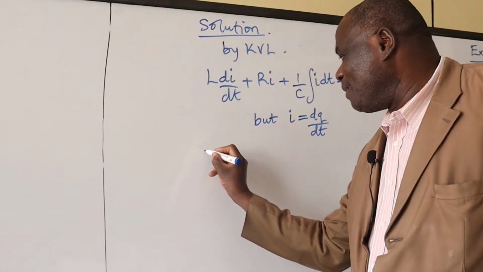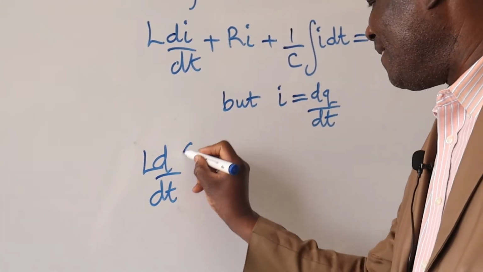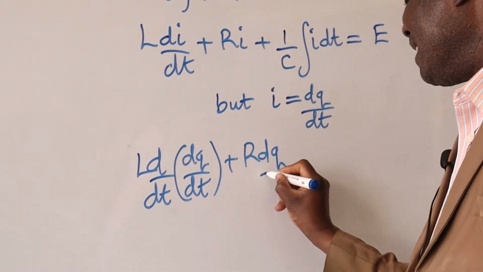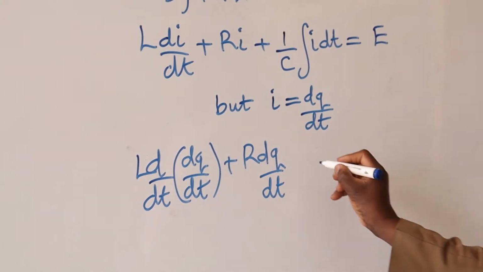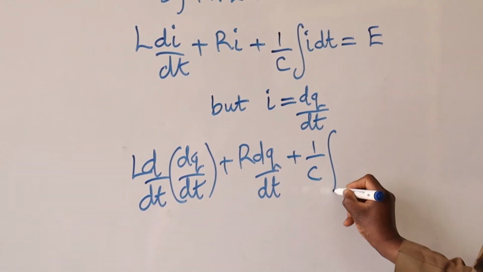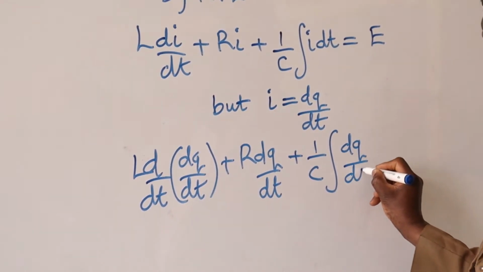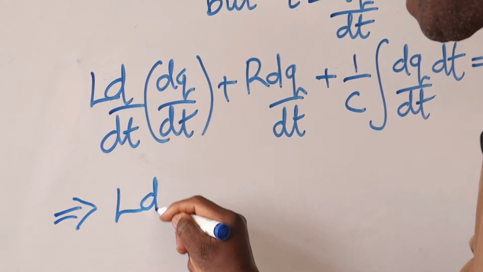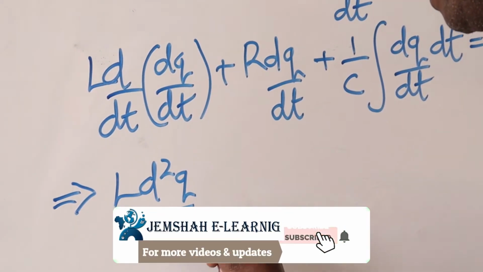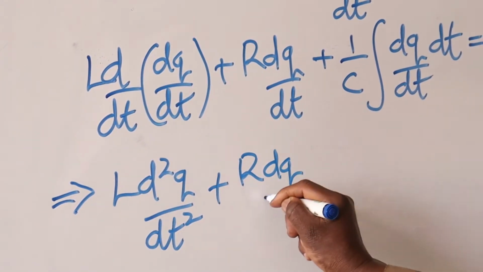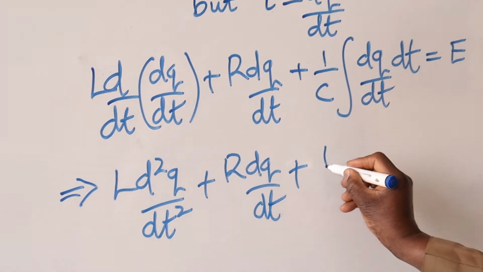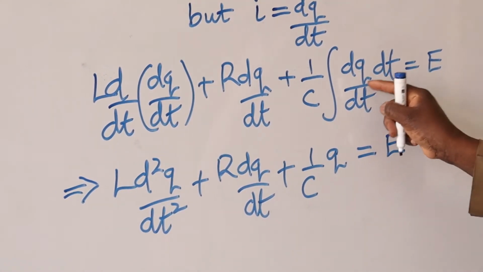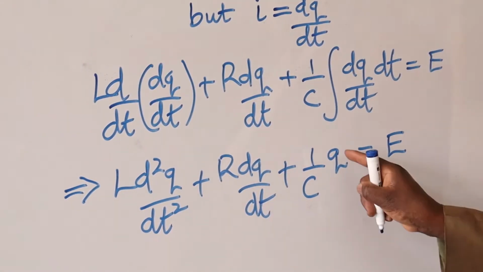Replacing for I, this will be L d dt of dq dt, plus R dq dt, plus 1 all over C, the integral of dq dt multiplying dt, and this is equal to E. This simplifies to L d squared Q dt squared plus R dq dt plus 1 all over C multiplying Q is equal to E. The dt and dt cancel. The integral of dq gives you Q.